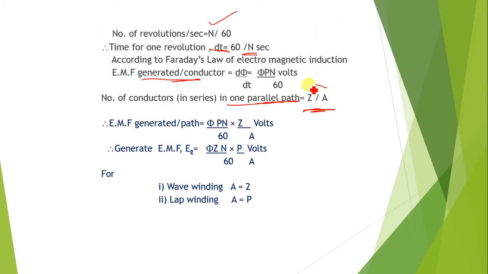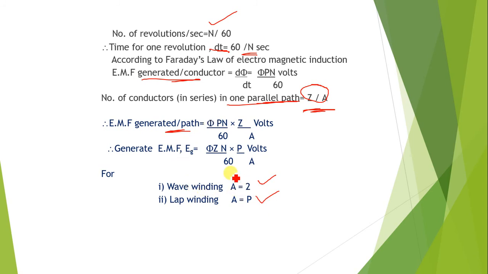The EMF generated per path is phi P N by 60 into Z by A. The total EMF generated is phi Z N by 60 into P by A, where A is equal to 2 in case of wave winding and equal to P in case of lap winding.